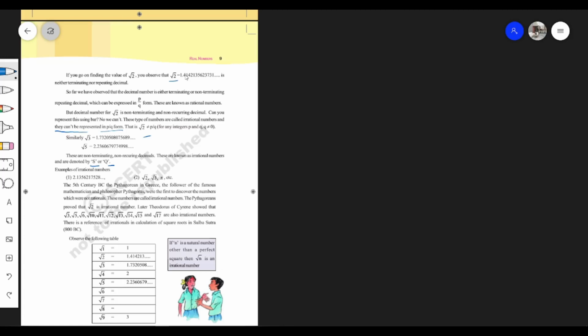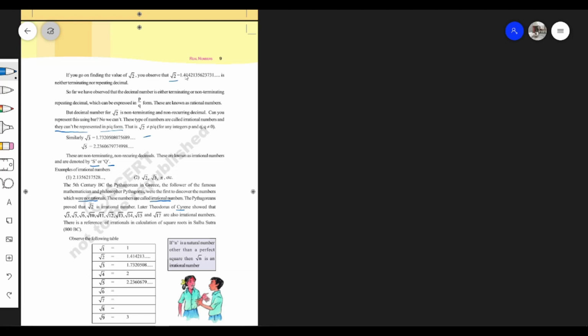Imagine that Pythagoras is the captain of the group, and they have a school, a place where all these researches are carried out, and they found for the first time these non-rational numbers, which were not rationals. They called them irrational numbers. So the Pythagoreans proved root 2 is an irrational number, and later Theodorus of Cyrene showed that many of these are irrational numbers.